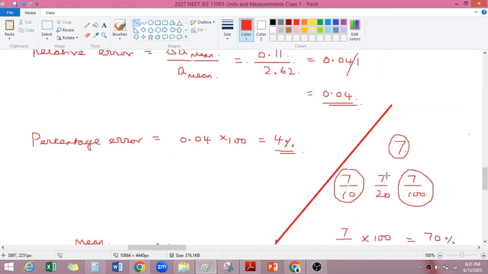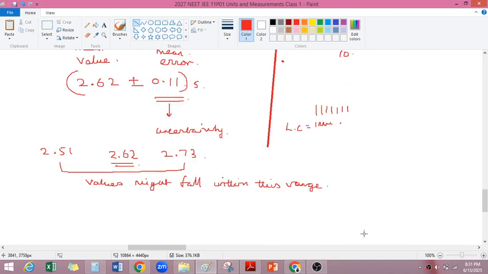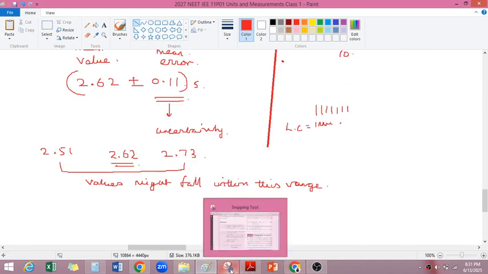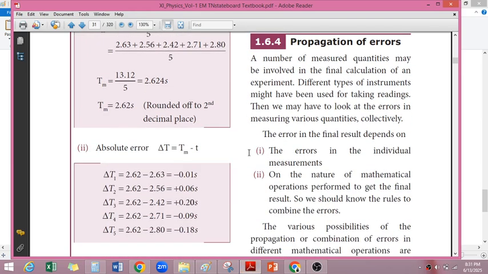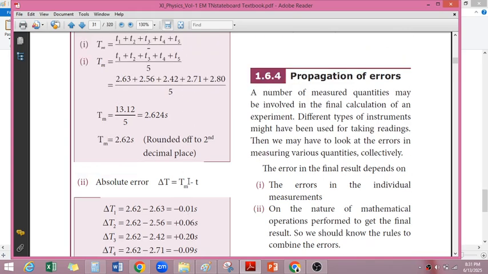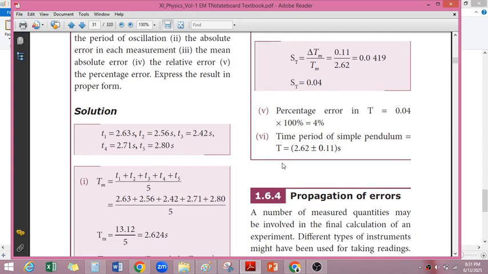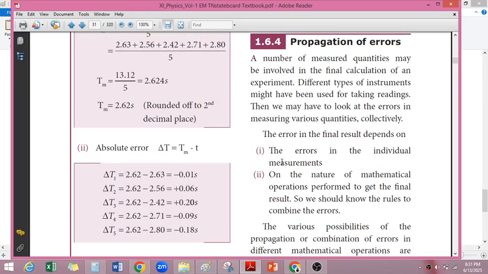If you cannot do the easy ones, then obviously you cannot do the difficult ones. Any doubts? Can I move on? Try these problems yourself and see whether you're getting the correct answers.